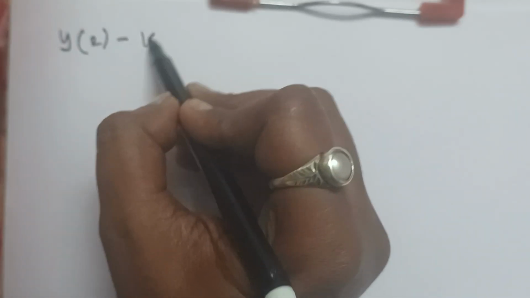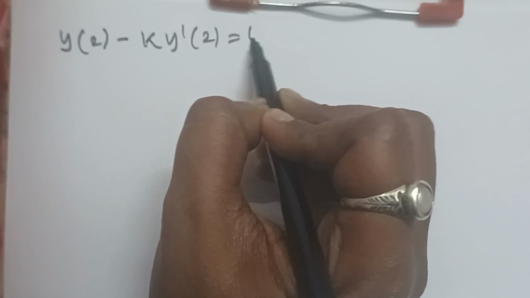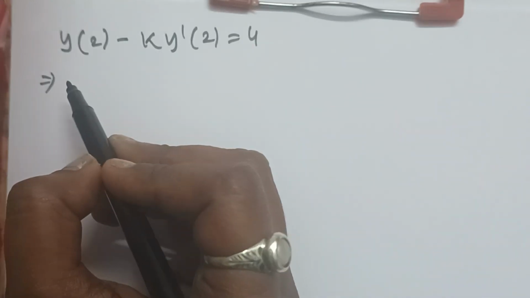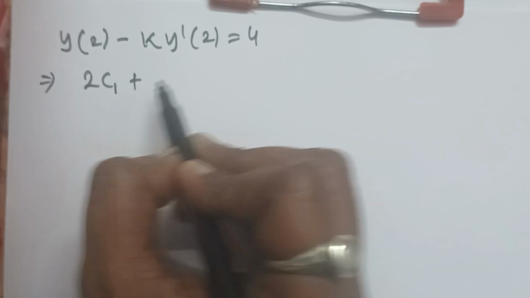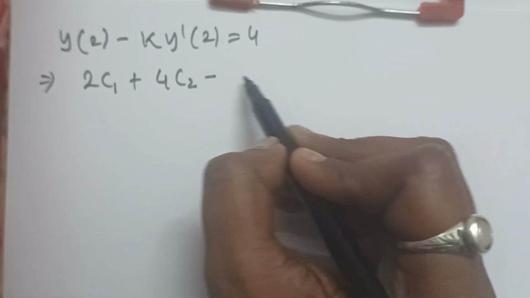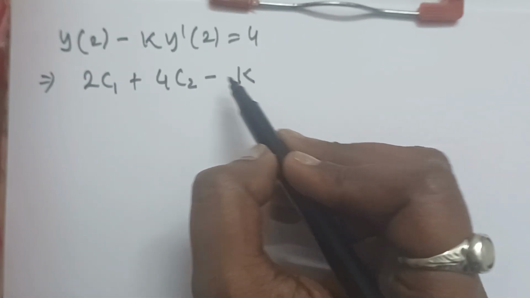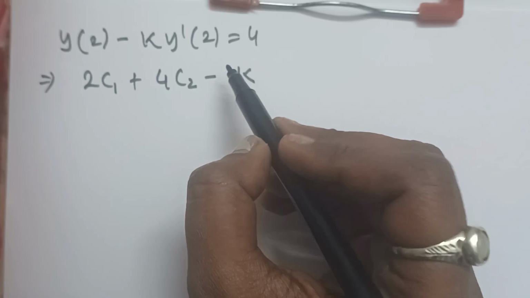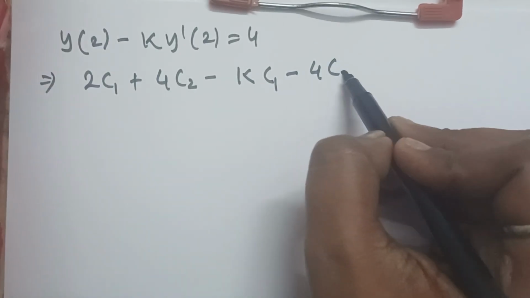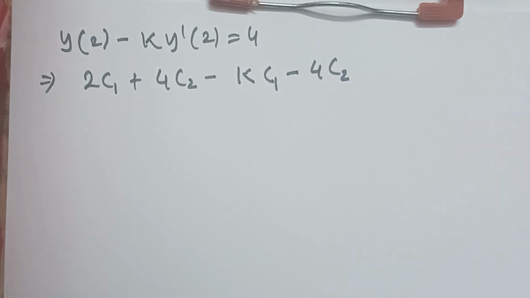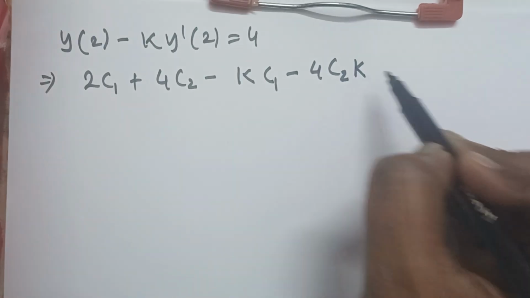Now, for the second case, y(2) minus k y'(2) equal to 4. Then, substituting the values, we have 2c1 plus 4c2 minus k c1 minus 4k c2 equal to 4.